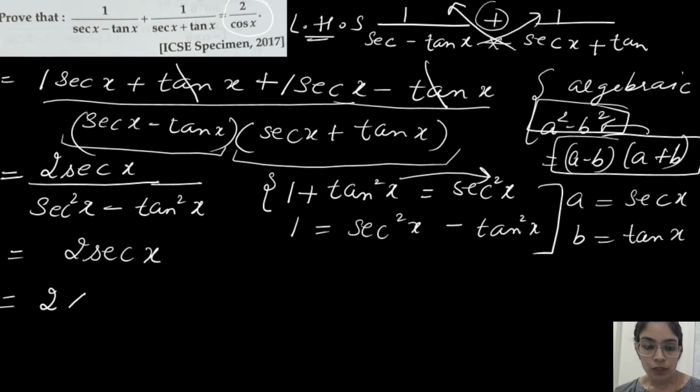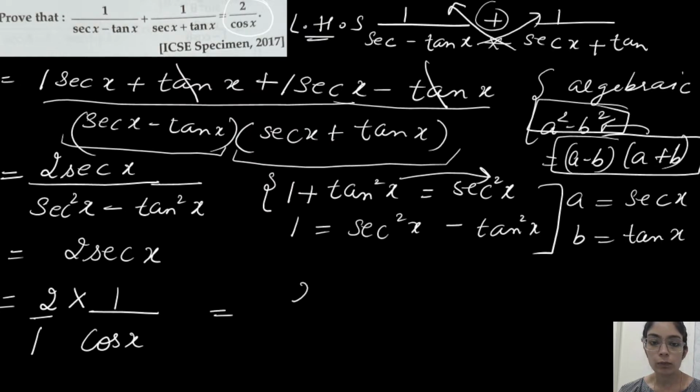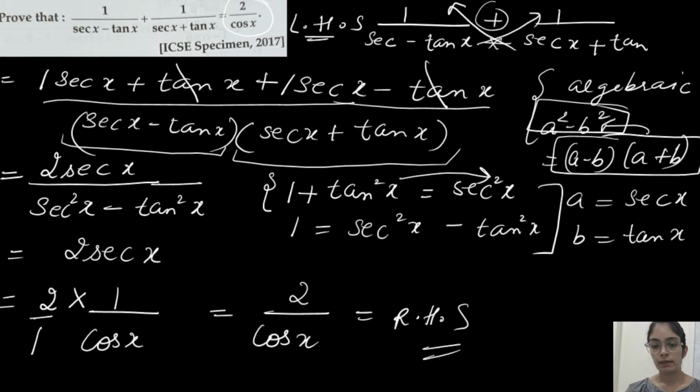So 2 as it is, I'll write. Secant, we learned at the starting, is the reciprocal relation. So secant is equal to 1 by cos x. Here 2 can be written as 2 by 1. When I multiply 2 into 1 is 2, 1 into cos x is cos x, and this is equal to the right hand side of the given identity.